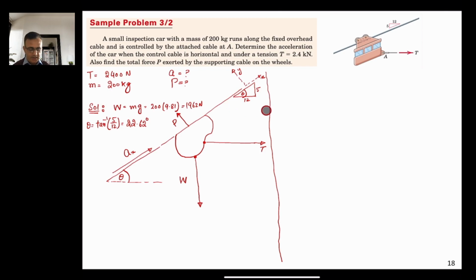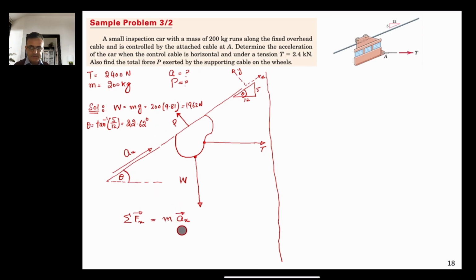Okay, so now we need to calculate ax and this P here. For this we will be using Newton's second law. So we write that the summation of all the forces in the x direction equals max.